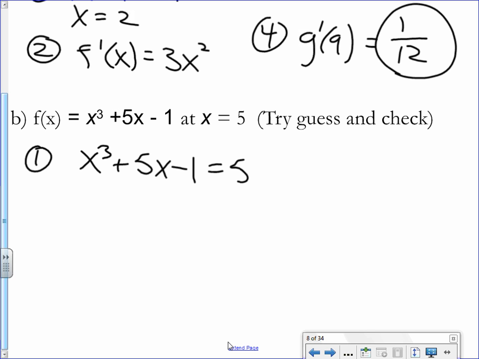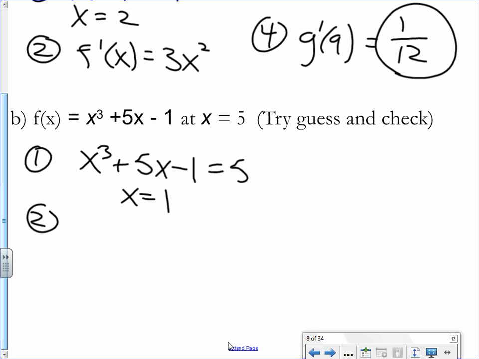Think of some basic numbers. Plug it in. And 0 doesn't work, because that would be -1 equals 5. 1 works, right? If you plug 1 in for x, you get 5 equals 5. Okay, that's our first step.